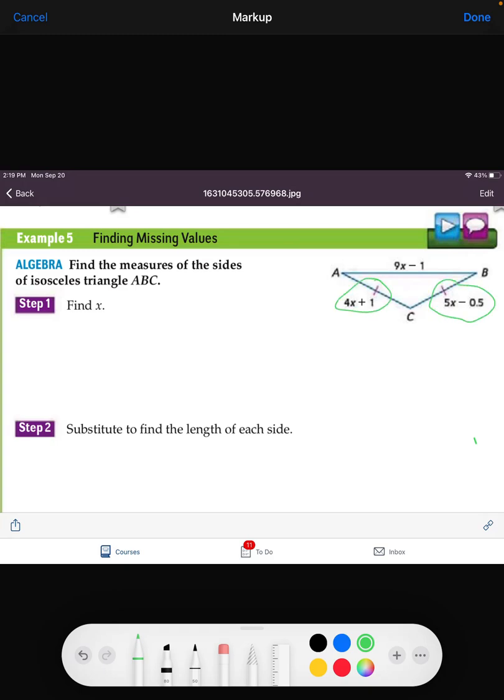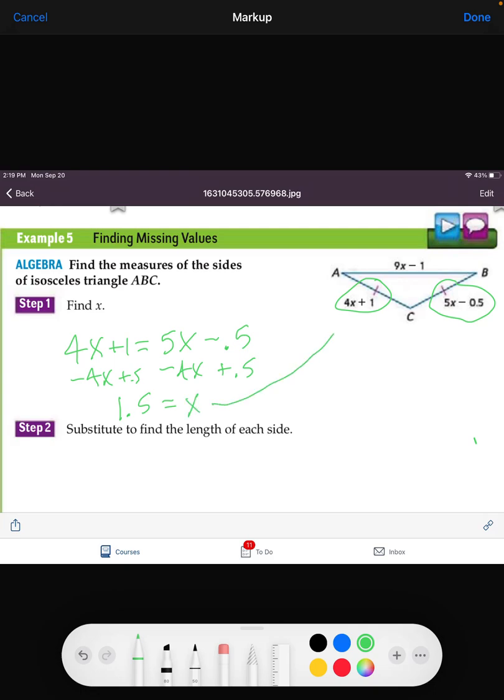So let's set those expressions equal to each other: 4x plus 1 equals 5x minus 0.5. Let's subtract 4x from both sides, and we'll add 0.5 to both sides. So we get 1.5 equals x. So x equals 1.5.